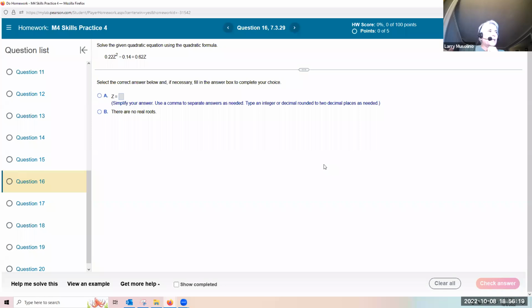All right, let me help you set this one up, and then I'm going to let you try it. So again, this says solve using the quadratic formula. All right, so here's the equation they're giving us. 0.22 z squared minus 0.14 equals 0.62 z. Well, I know I want to get this equation set equal to 0 as the first step.